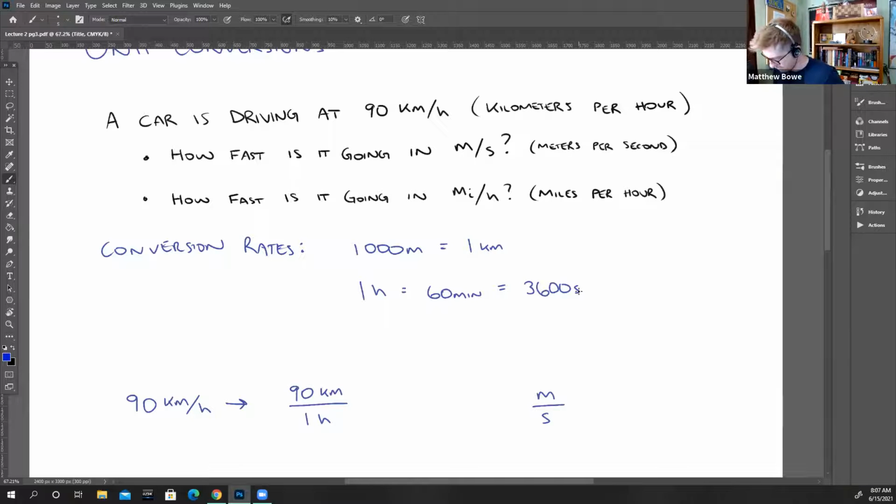All right, and the final one that's a bit obscure is there is 1.609 kilometers in 1 mile. That is one I would have had to look up myself. So we have these conversion rates.